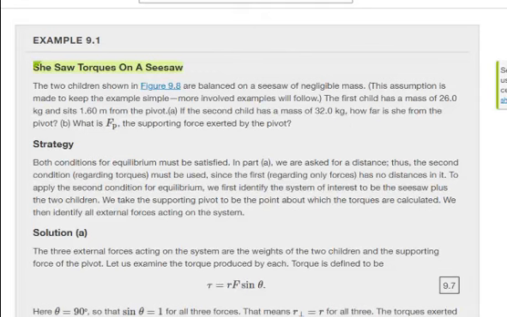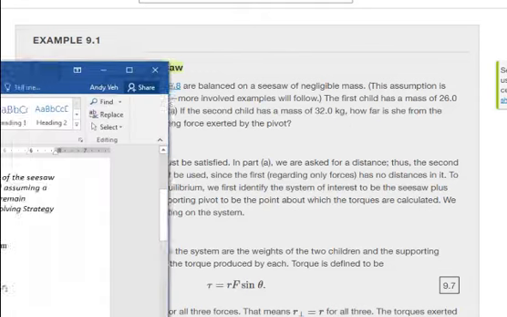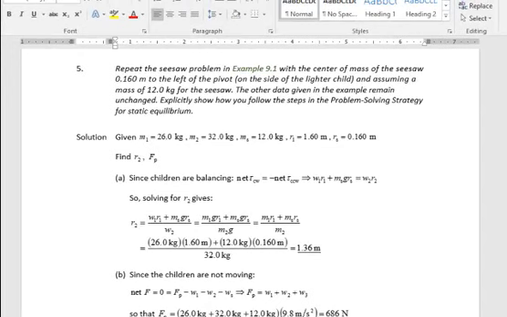All right, so here they go into the algebra. And I could have written this myself, but here it already is from the solution. So mass on the left, that's for the kid on the left, 26 kilograms. R1, this is the kid, 1.6 meters to the left.